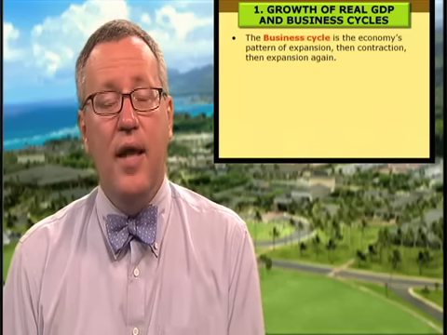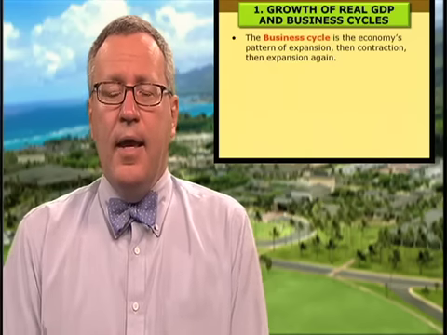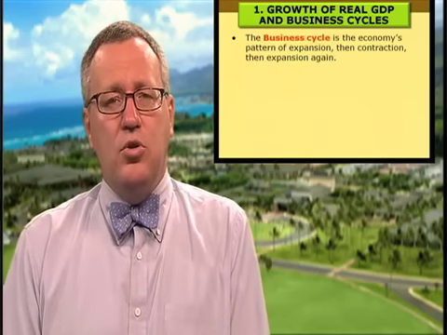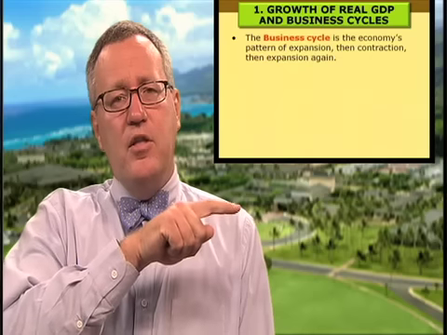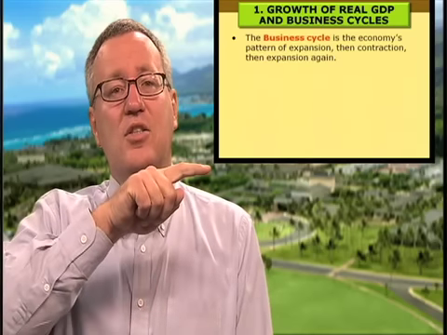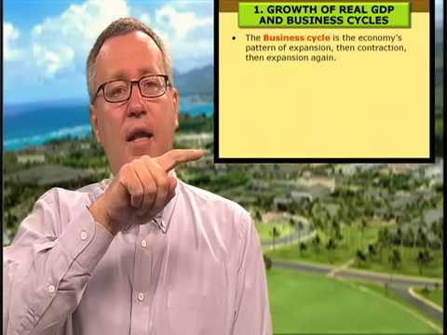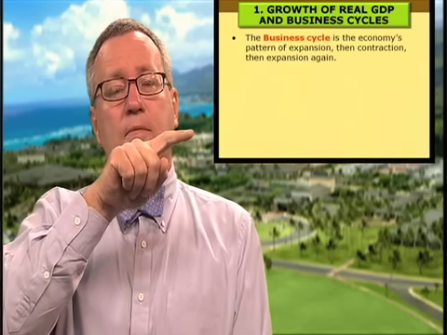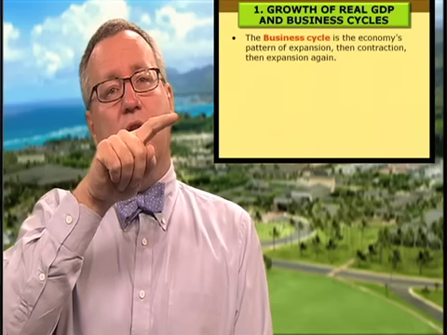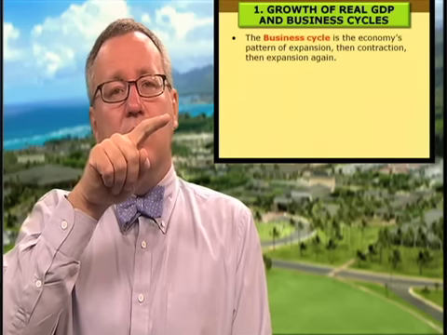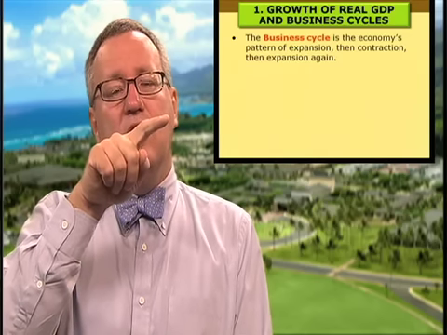All a business cycle is an economy's pattern of expansion and then contraction, and then expansion again. It's interesting to note that in historical periods, we would have periods where the economy would start growing, we would extend credit to businesses, they would expand their factories and begin to produce more and more products. Well, you reached a point where the expansion got exhausted.